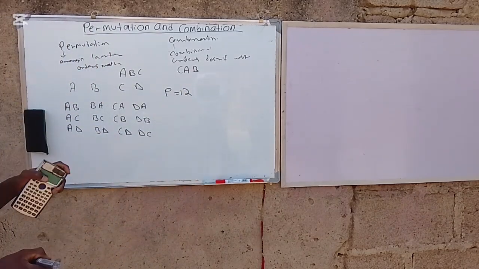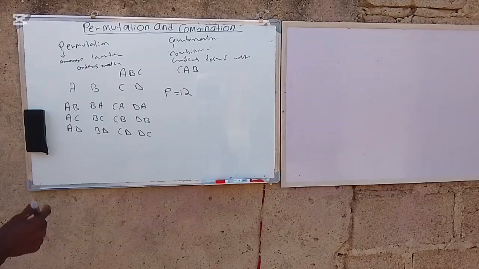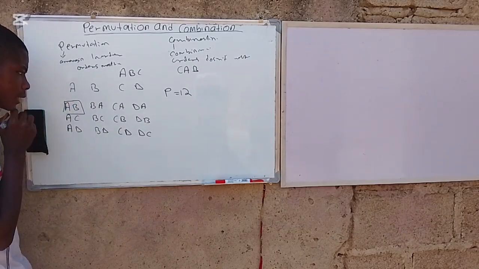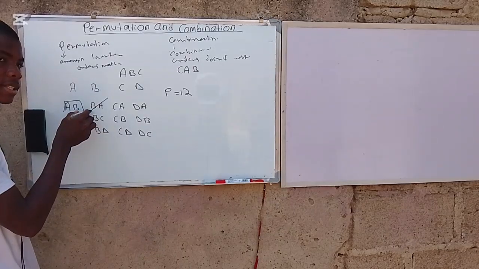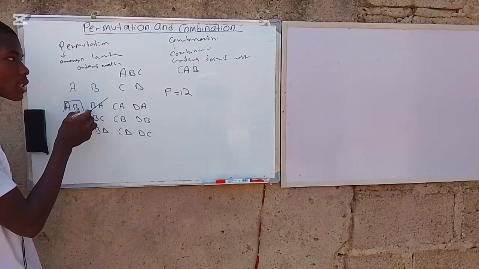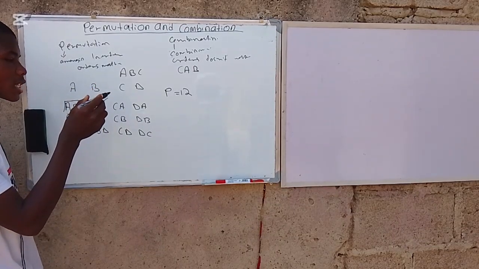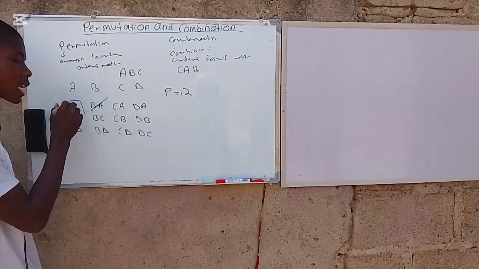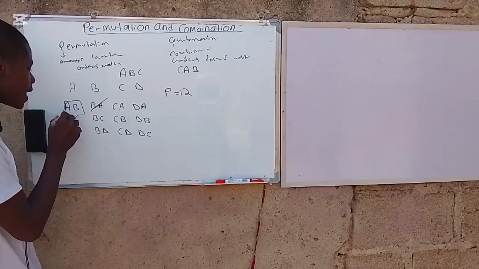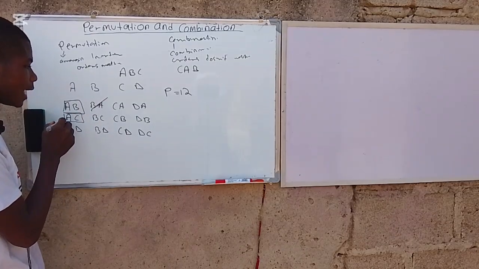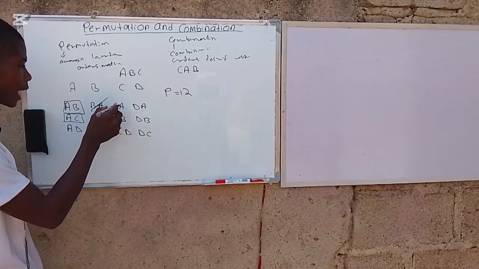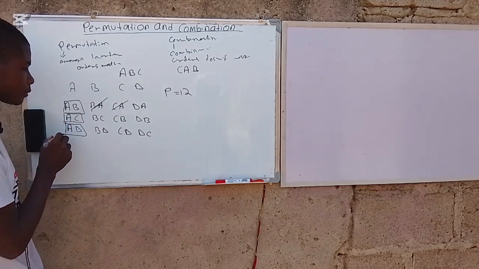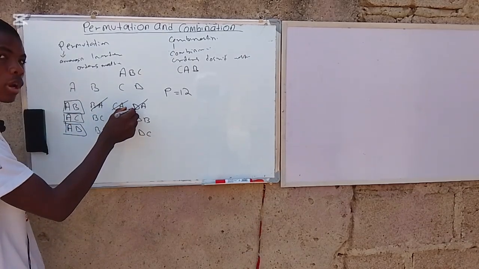So what will be the combination? In combination, let's say I have AB, so therefore I will get rid of BA, because in combination order doesn't matter. I have AB, I have BA, so I will not use this, I'll only use this. What of AC? In AC I have CA, so I will get rid of this. What of AD? In AD I have DA, so I'll get rid of this.